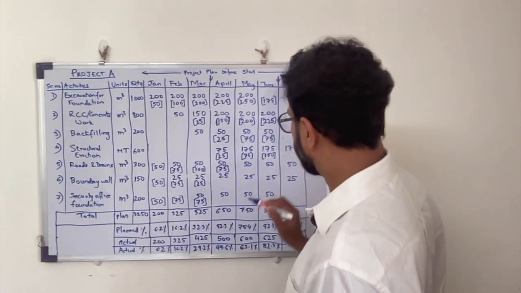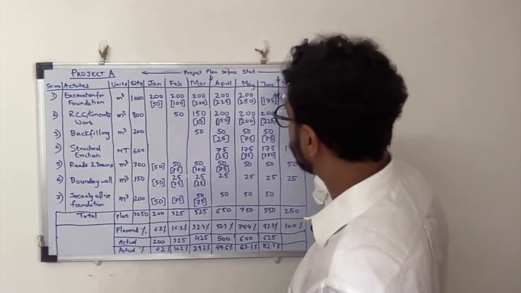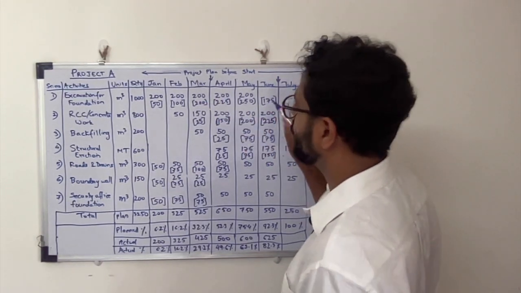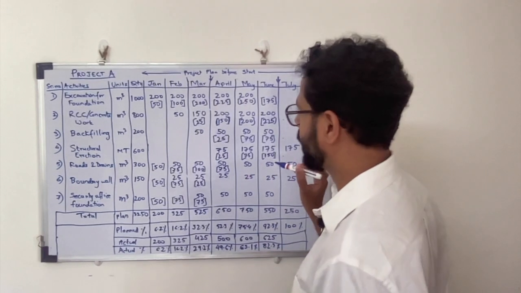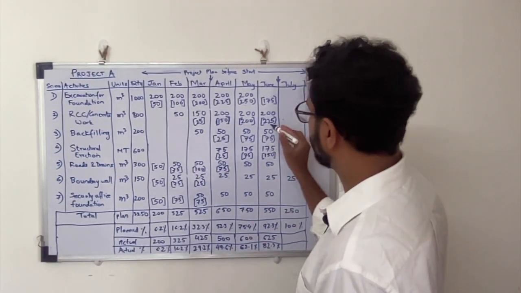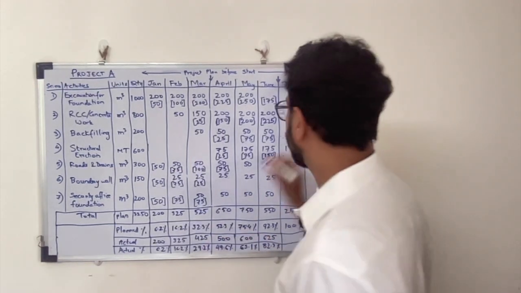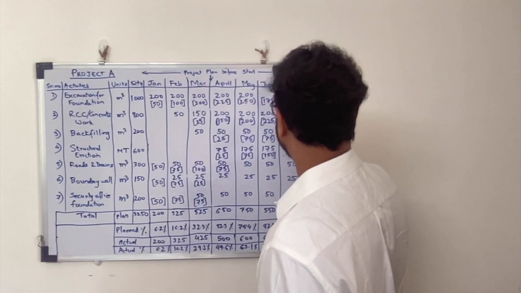You see here that at the end of June, he has completed the excavation work for the foundation. He has completed RCC work, but around 200 cubic meters he will have to complete in the month of July.